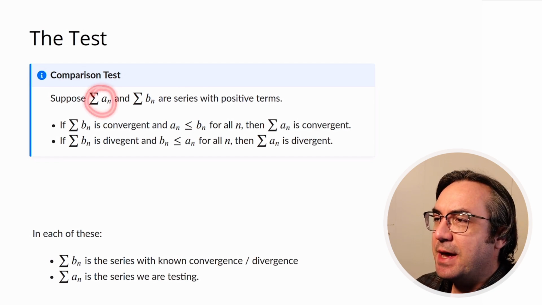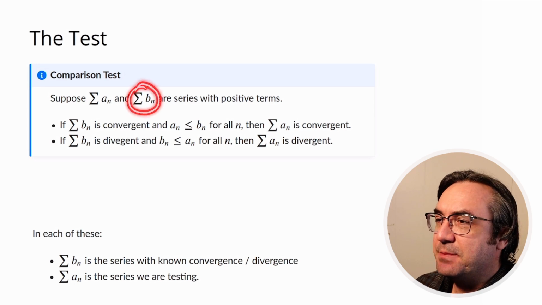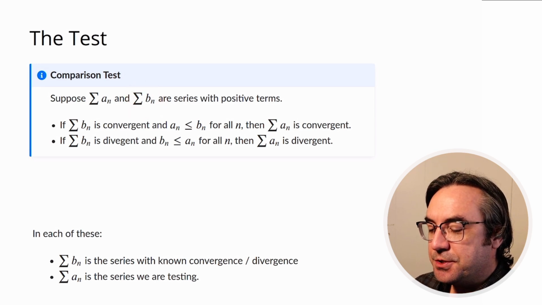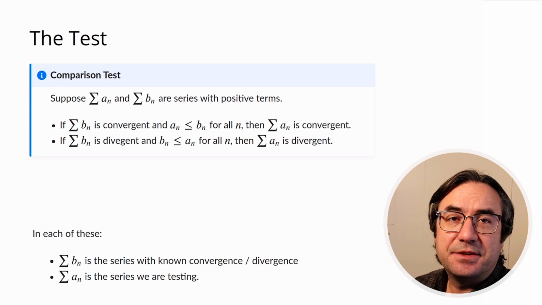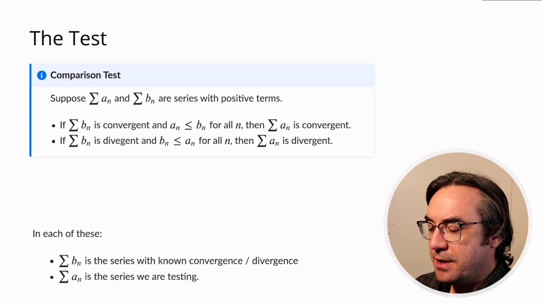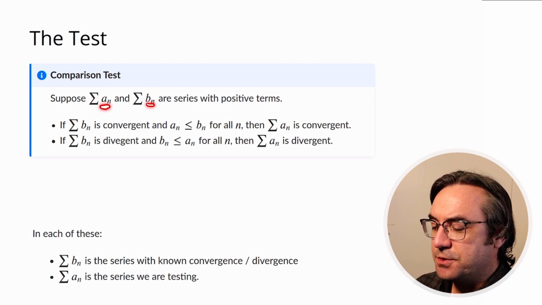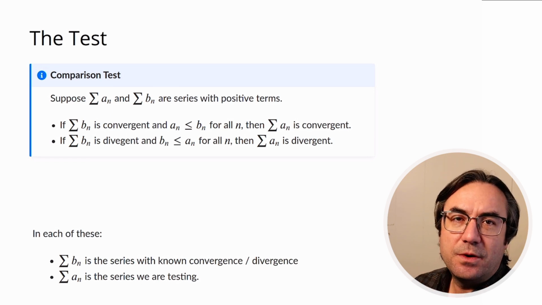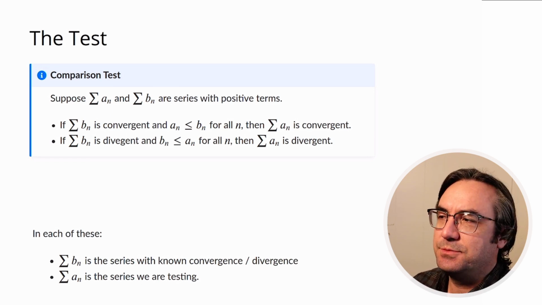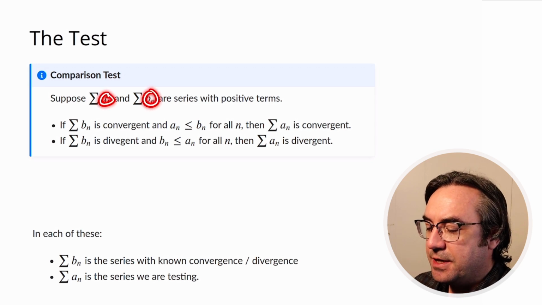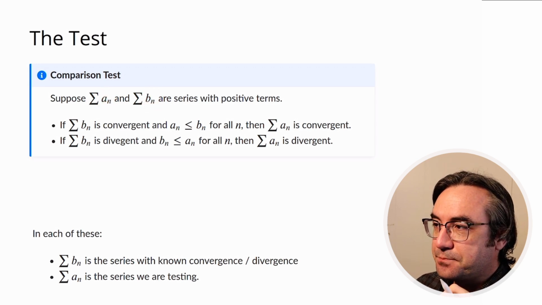All right, so let's first read through the statement here. Suppose we have a series sigma an and another series sigma bn, and these are series that all have positive terms. So if we look at just our infinite lists, all the terms in those lists are positive, and then when we do the series, we're trying to add all those terms together. So everything here is positive.